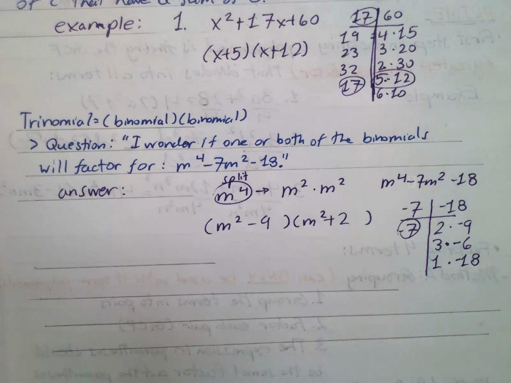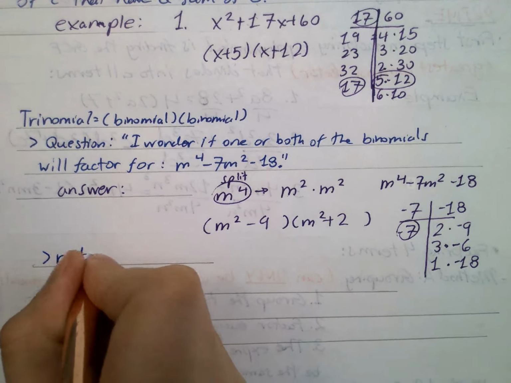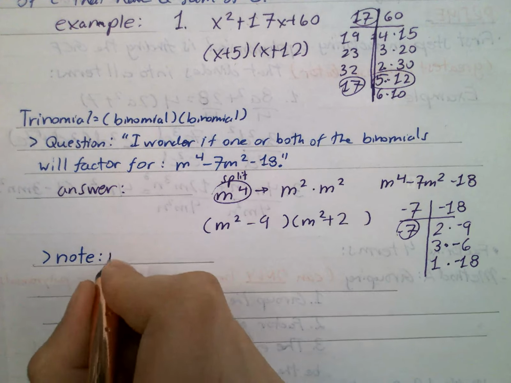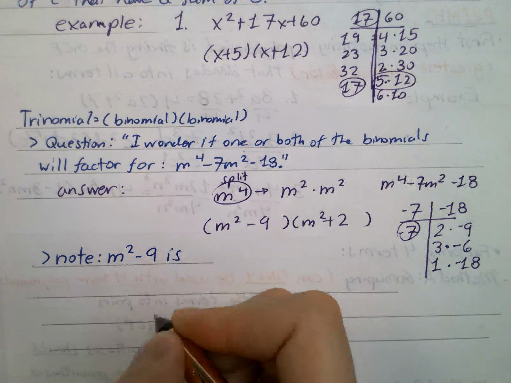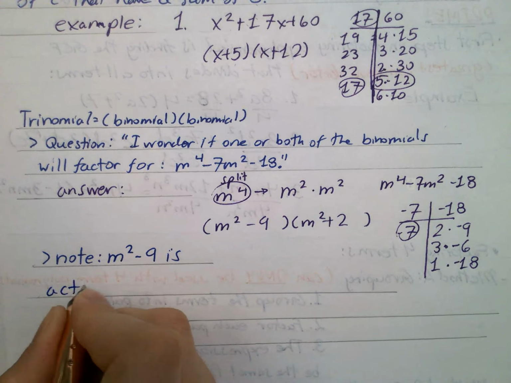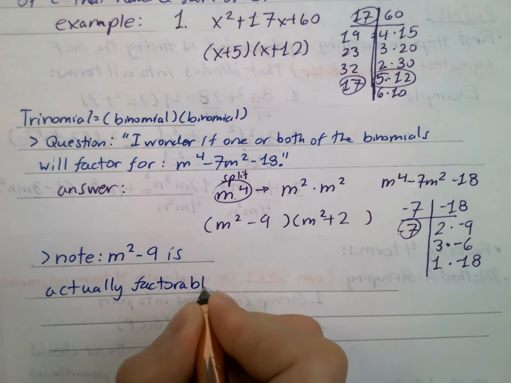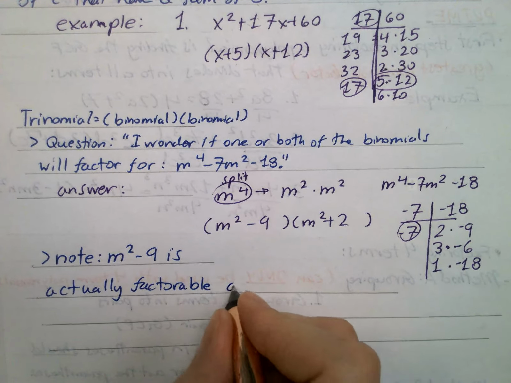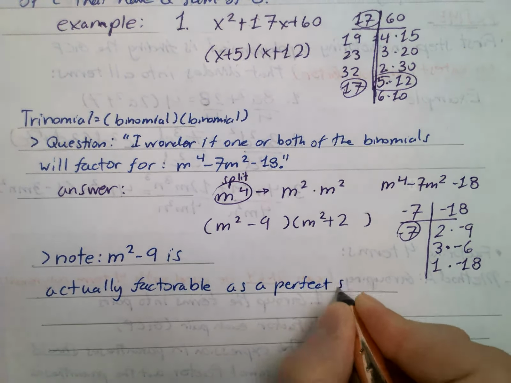Note, m squared minus 9 is actually factorable as a perfect square.